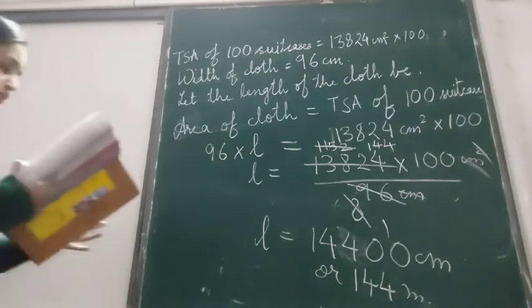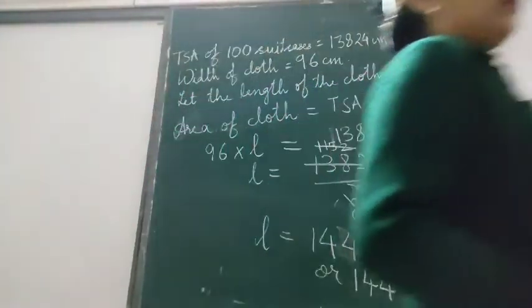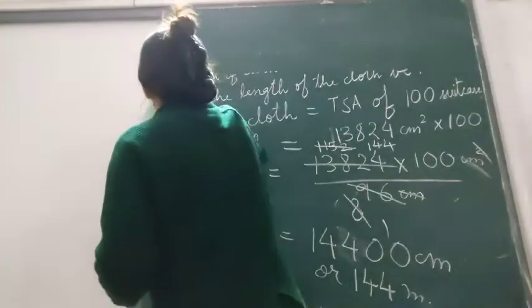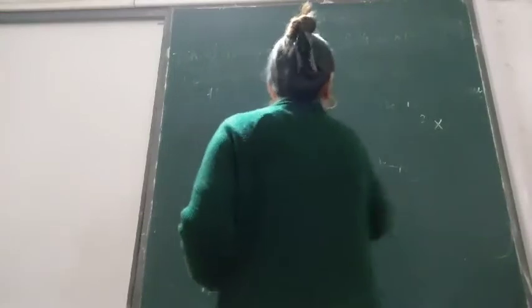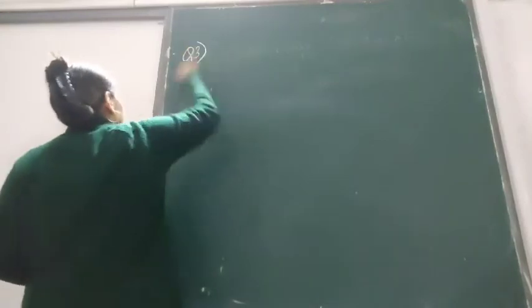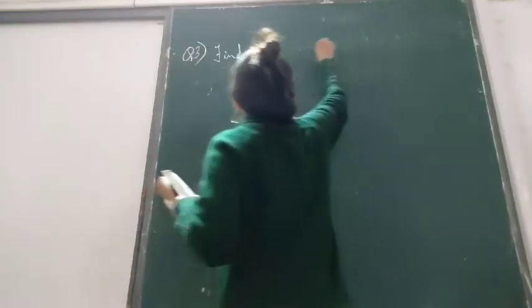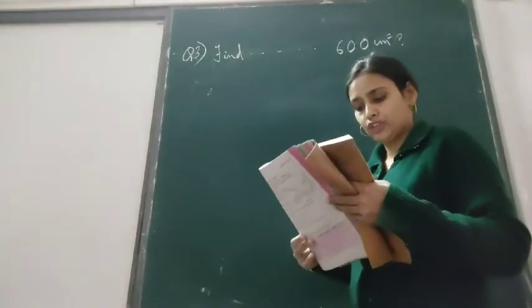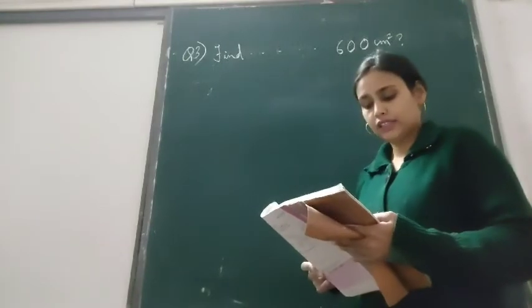Now children, we will start with question number 3. Find the side of a cube whose surface area is given 600 centimeters square.